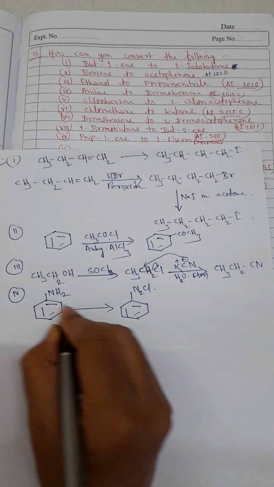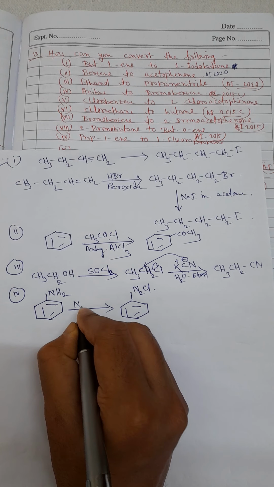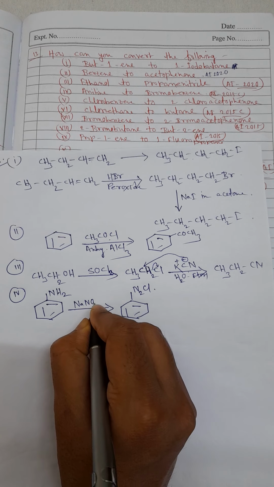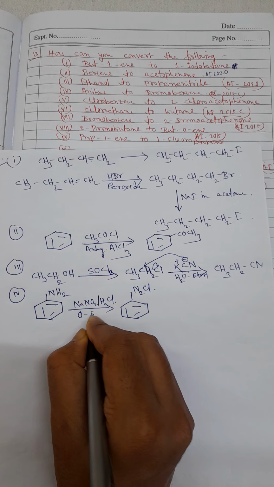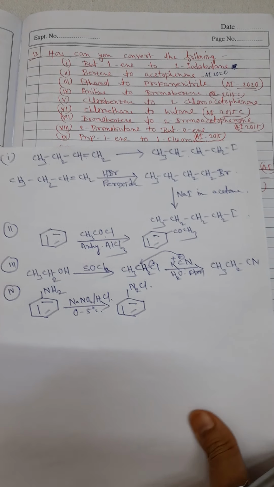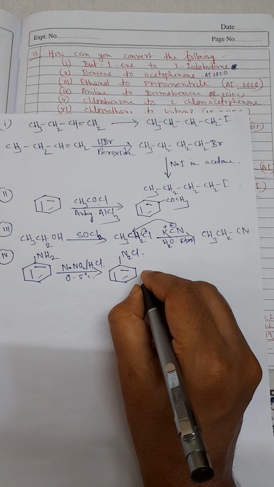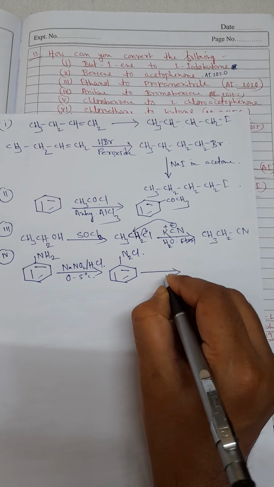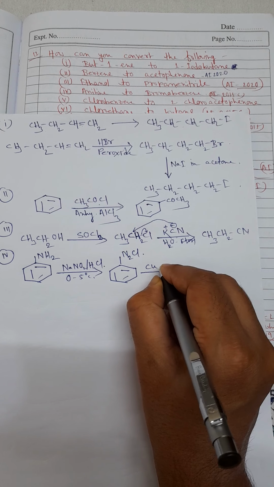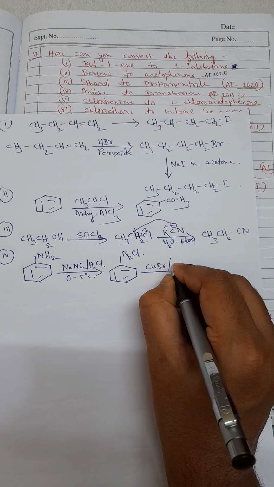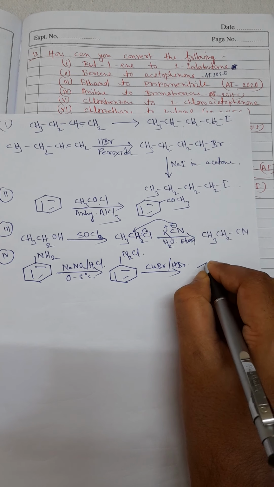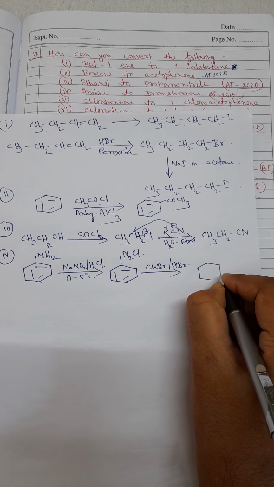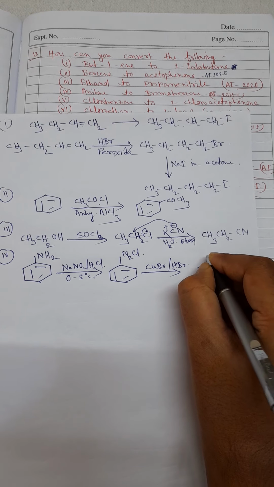By treating aniline with sodium nitrite with HCl at 0 to 5 degrees centigrade. In the next step, when benzene diazonium chloride is treated with CuBr/HBr, then you will get bromobenzene.